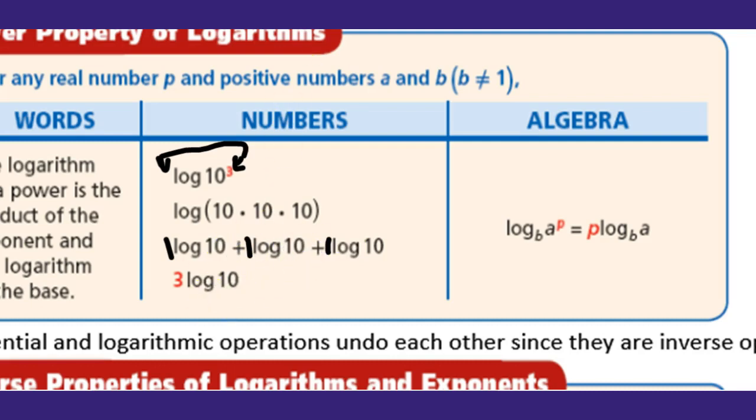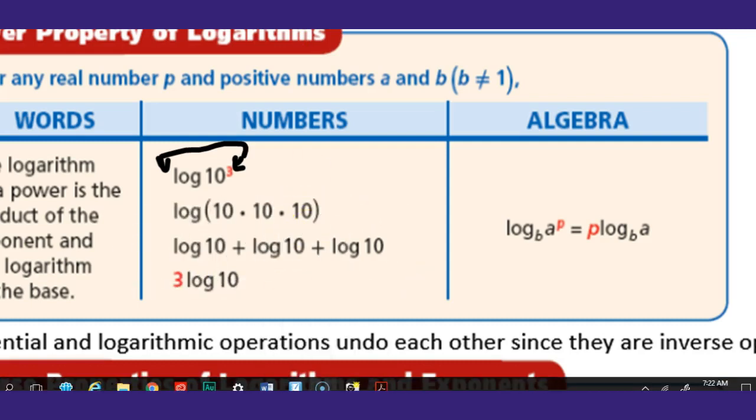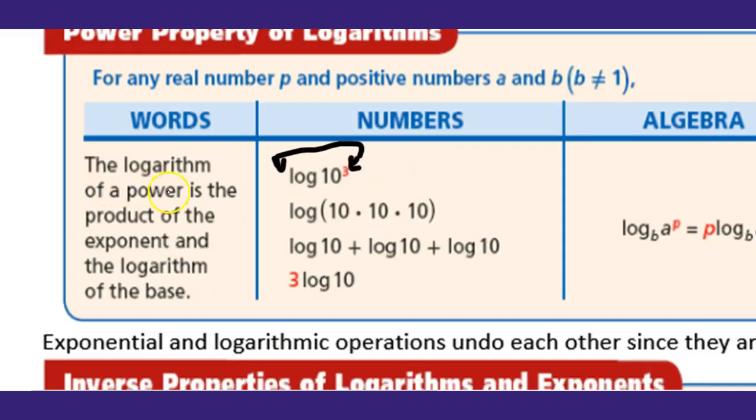So this rule right here, they explain it: the logarithm of a power is the product of the exponent and the logarithm of its base. Basically, when you have an exponent, move it out front.